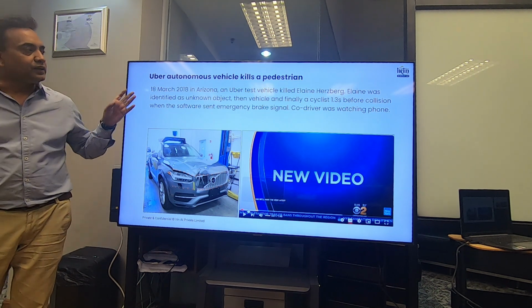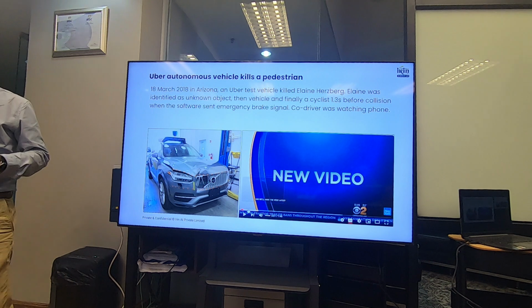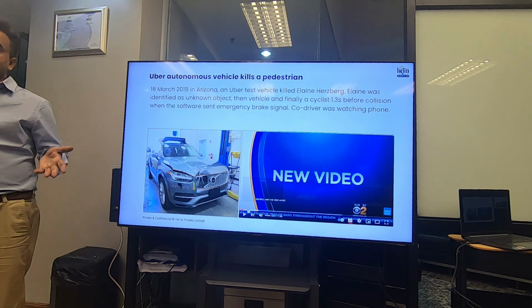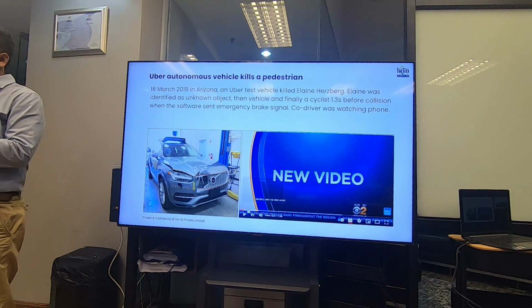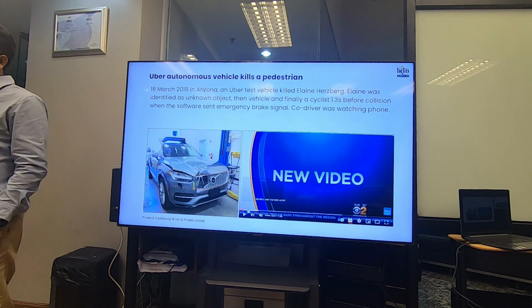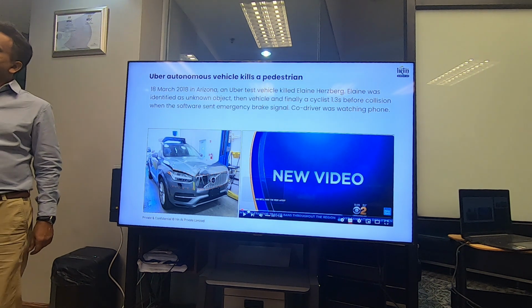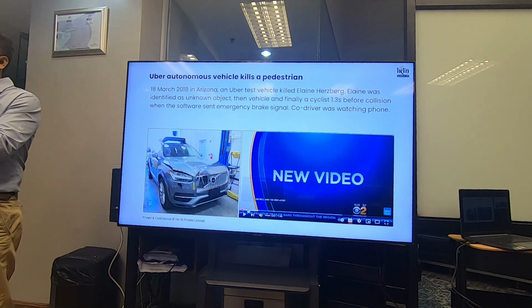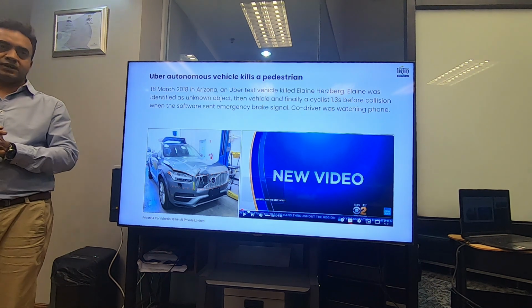And this was in the US, Arizona, and it was late evening, very late evening, around 7-8 p.m., and their guideline was there has to be a co-driver. So the car was driving on its own, and then a co-driver has to sit to take control of the steering in case any emergency happens.